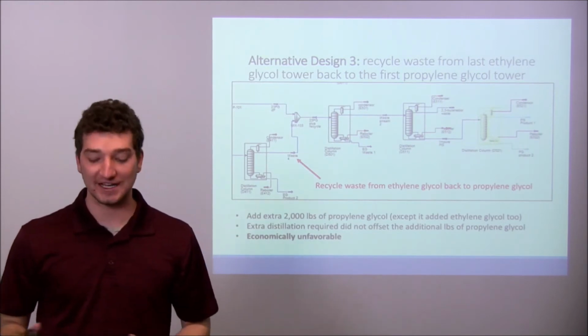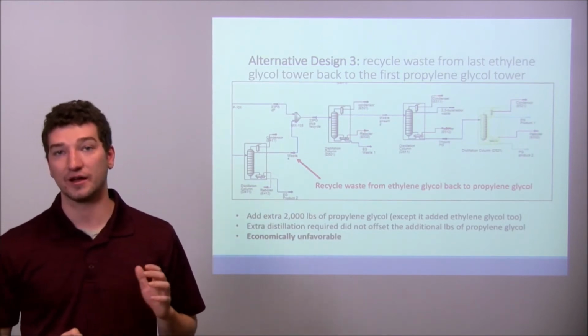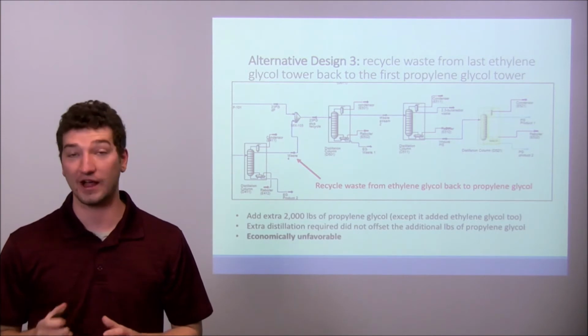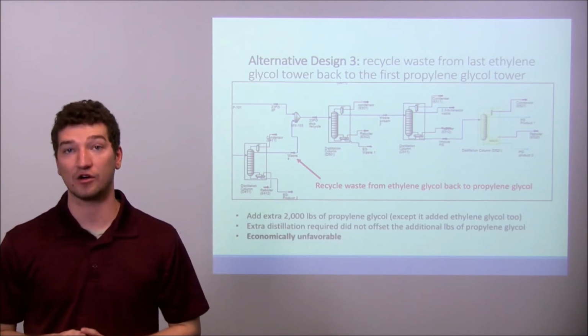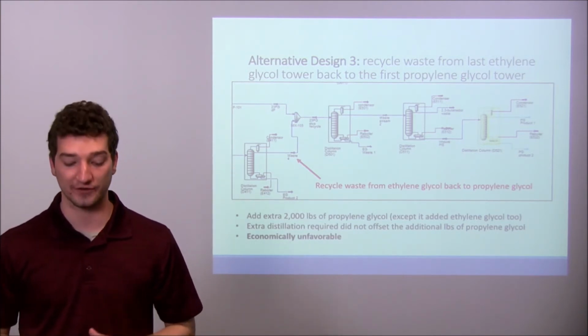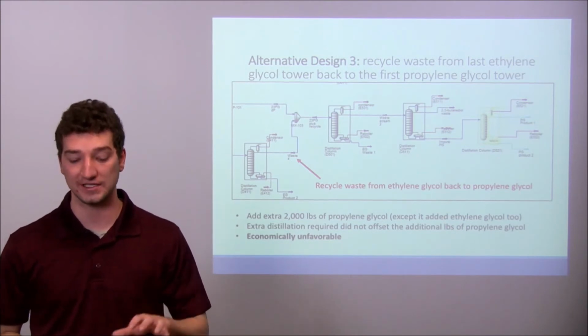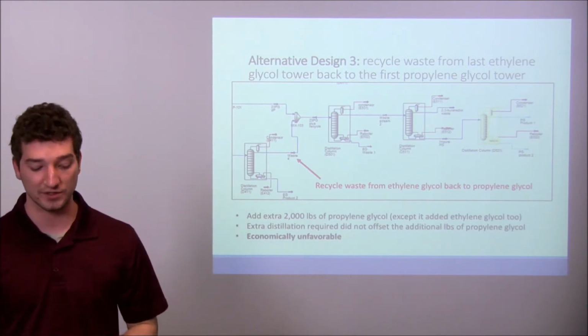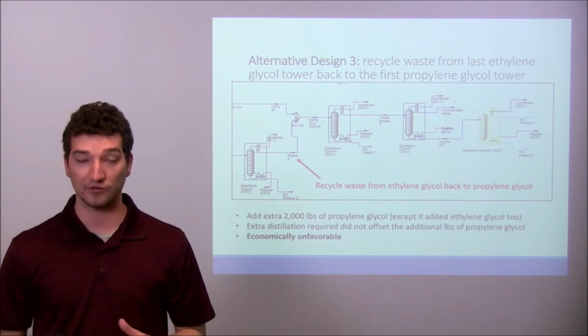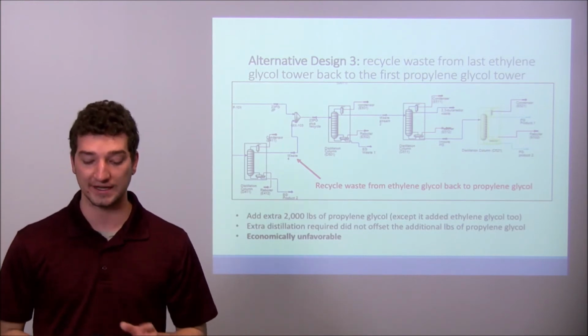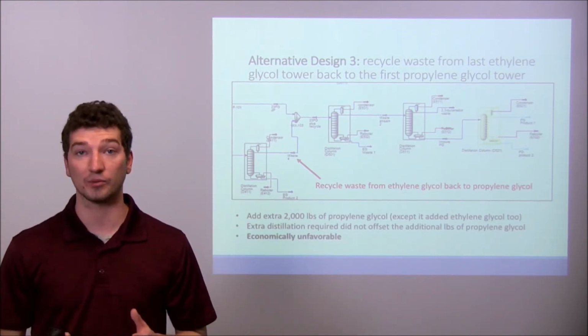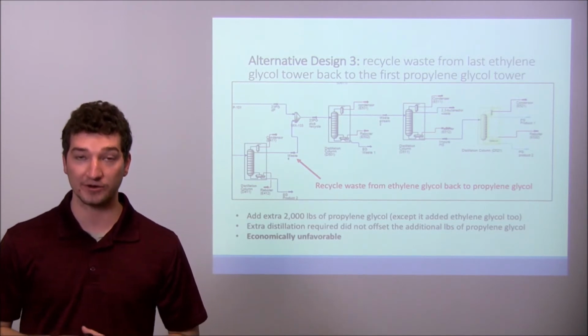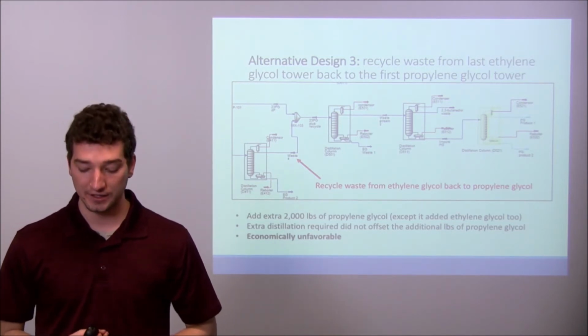So the third alternative design that our team studied was recycling the waste stream from the last ethylene glycol distillation column up to the first propylene glycol distillation column. So this design built on our previous one. So we had a rich propylene glycol stream to send into our propylene glycol distillation towers in order to increase yield.